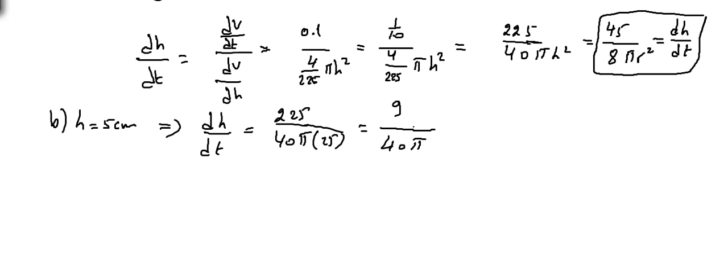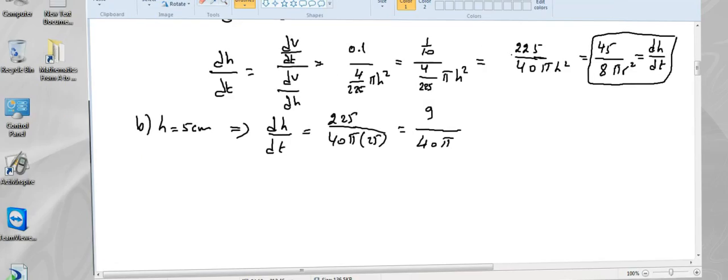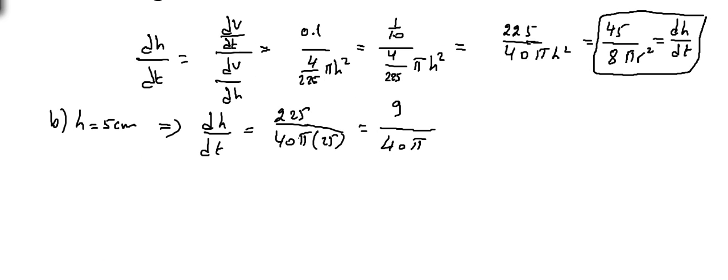This is the change of height when the height is 5 centimeters, right? It's 9 over 40 pi centimeter per second, because it's height, per time. Now for h equal 9 centimeter, same thing.